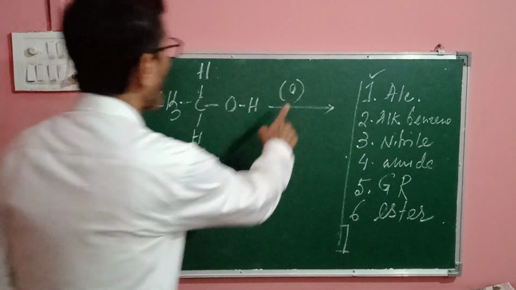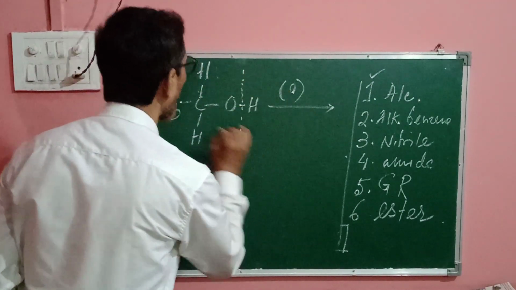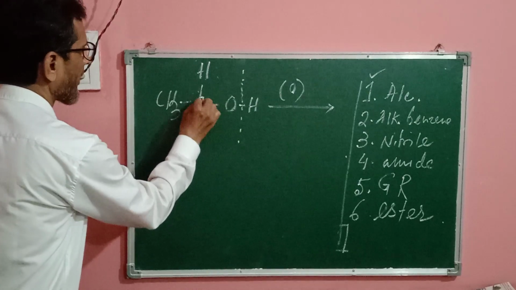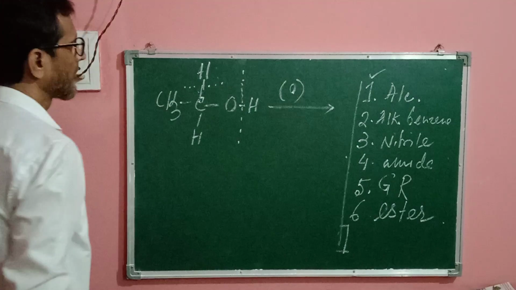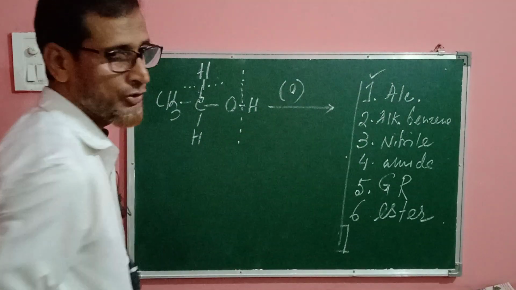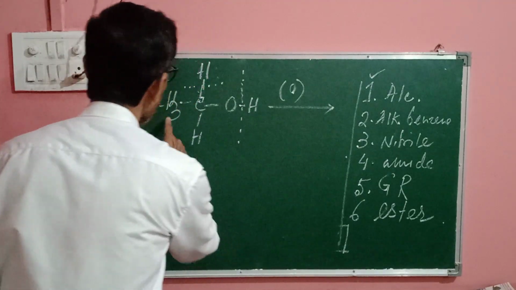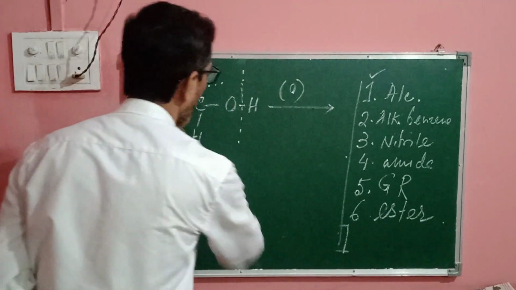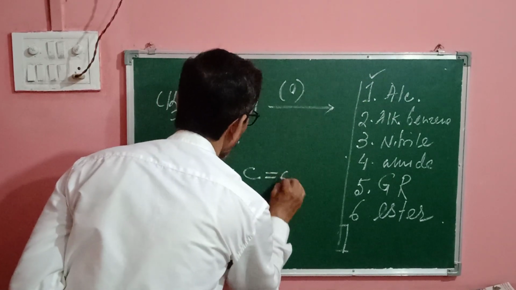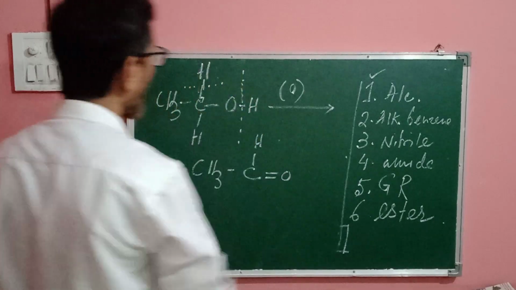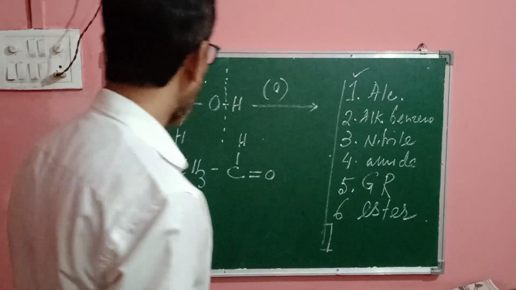When the oxidizing agent is given here, one hydrogen from the O attached to carbon and one hydrogen from the carbon will be removed. So oxidation here means removal of hydrogen. So what you get is CH3CHO. Since the oxidizing agent is strong, it will be oxidized further.